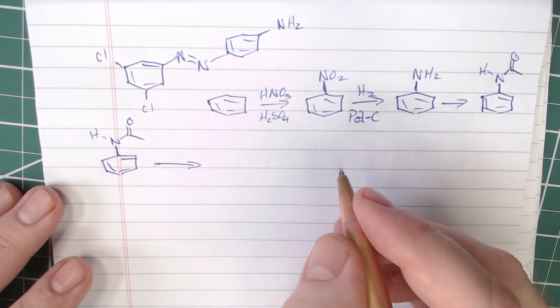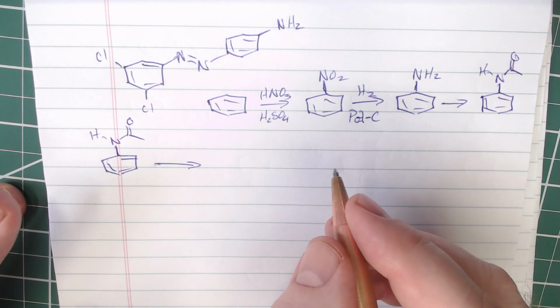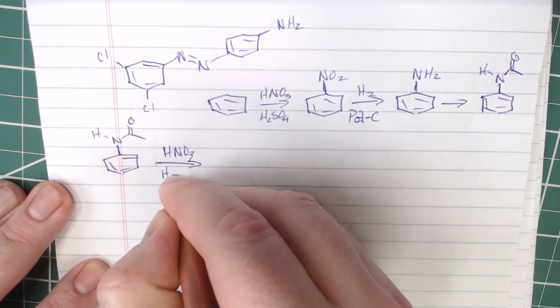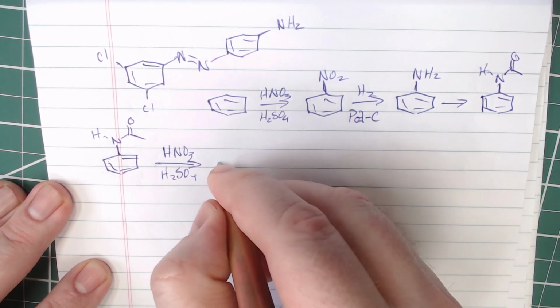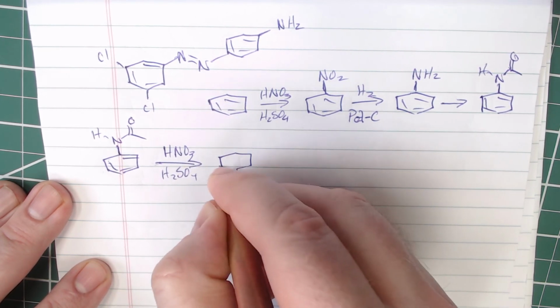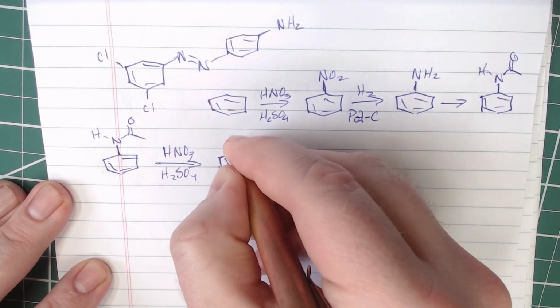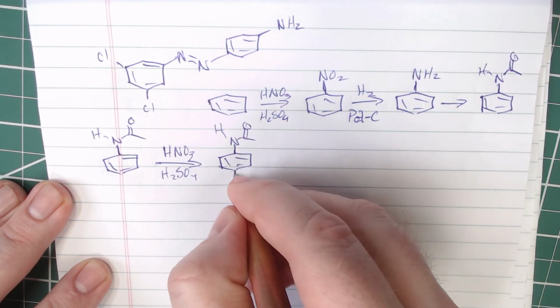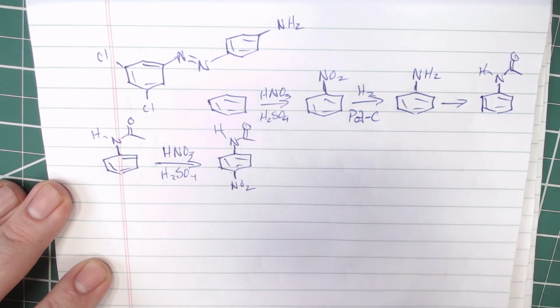And we're going to react that. Again, we're going to do nitration. So HNO3 with H2SO4. All right, this is also going to give us the meta.